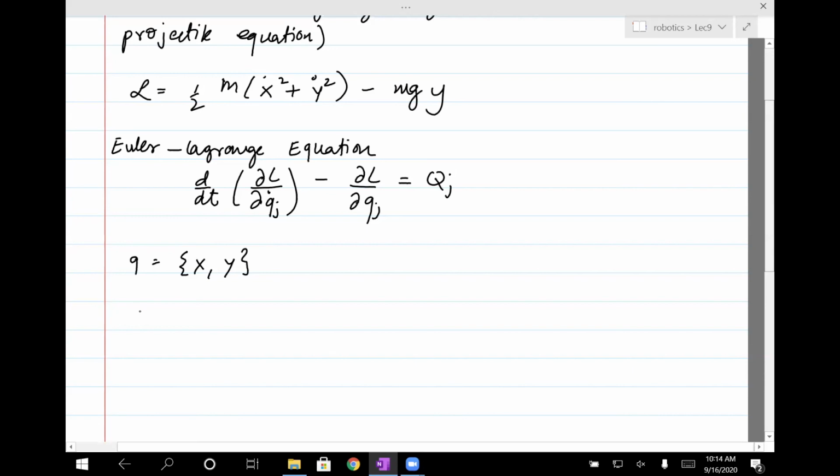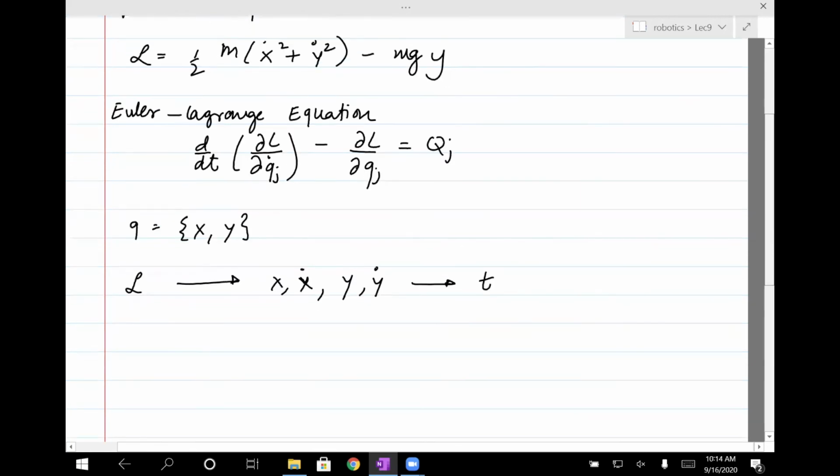So first thing to note is that the Lagrangian is a function of x, x dot, y, y dot, which in turn are functions of t.